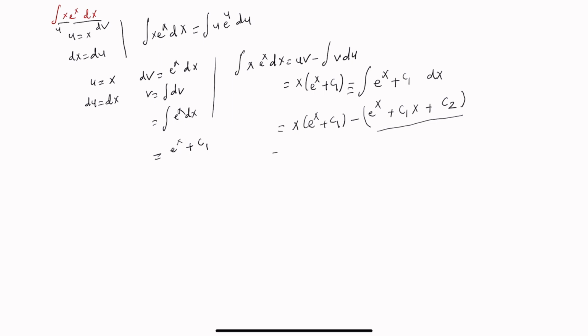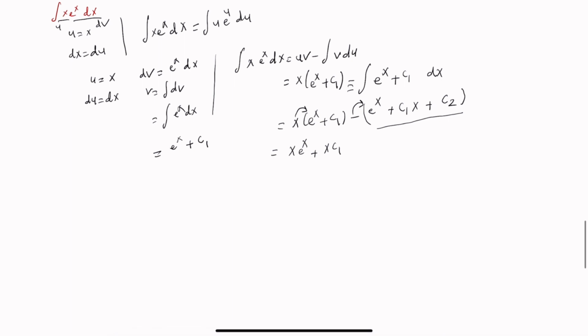So now, this is gonna be equal to, I'm gonna distribute x to what's inside the parentheses. That's gonna be x e to the x and then plus x c1, and then I'm gonna distribute the minus sign to the inside of the parentheses. That's going to be minus e to the x minus c1x minus c2.